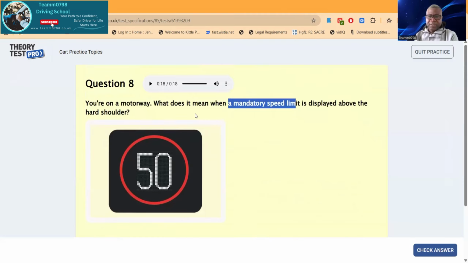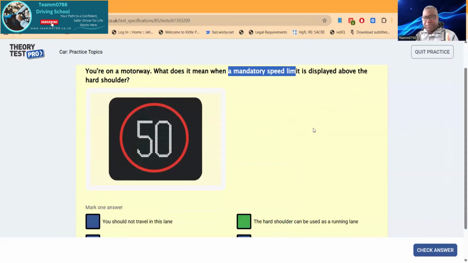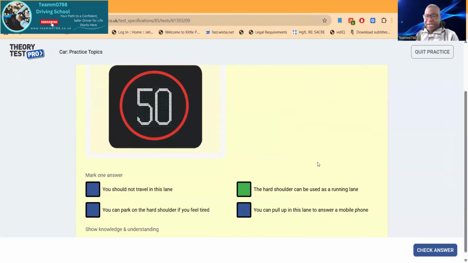Okay, so there is a mandatory speed limit displayed above the hard shoulder. This is only possible because the hard shoulder will be used as a running lane. If the hard shoulder is not being used as a running lane, this speed limit will not be displayed there. But having this speed limit displayed there means it's being used as a running lane.